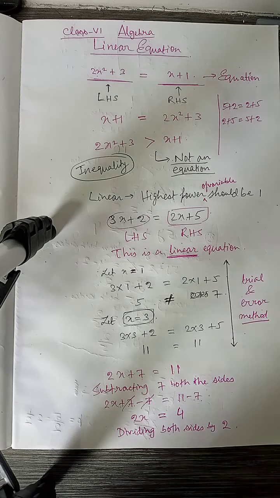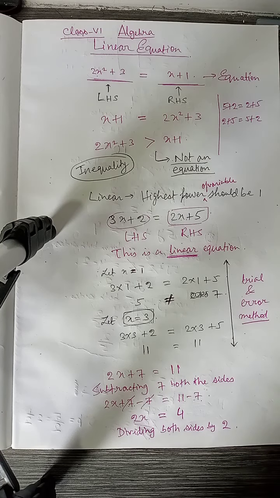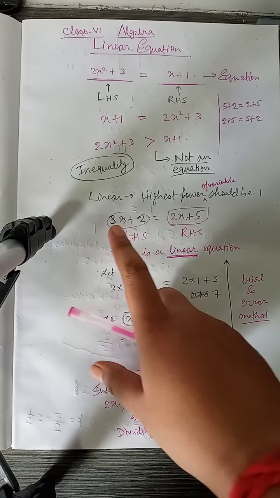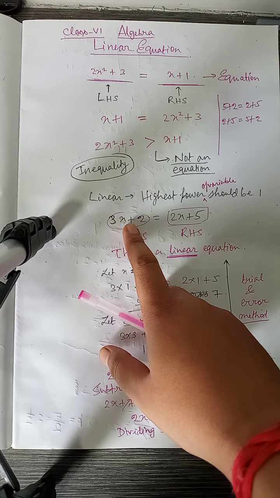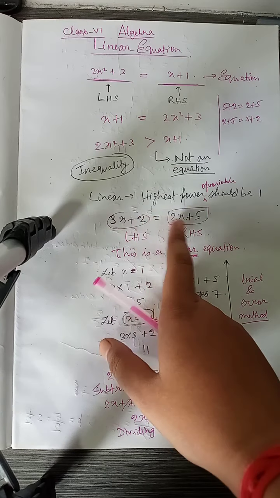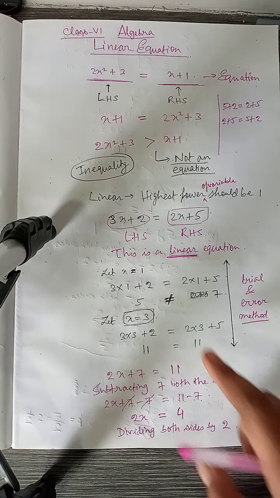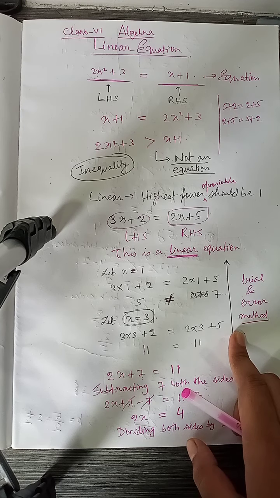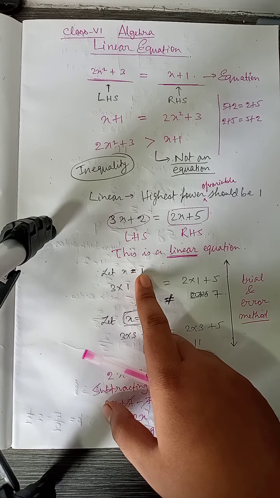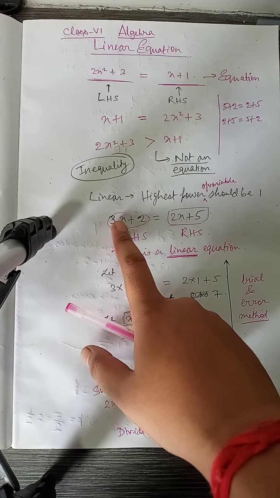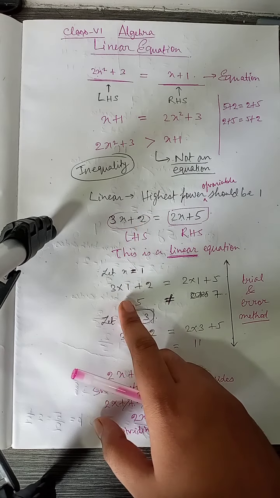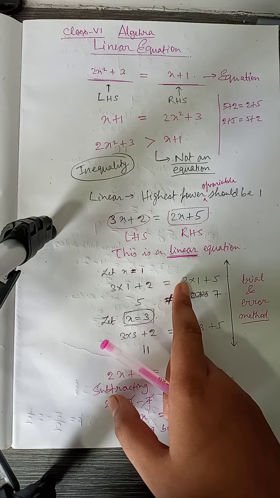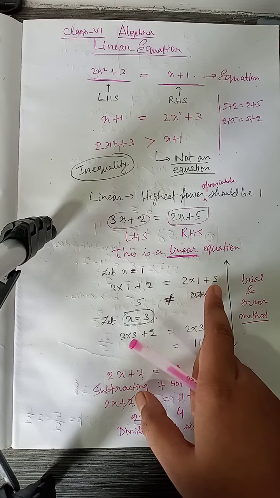In this portion of the chapter we want to find for what value of x this equation is satisfied, that is, what value of x we should put here such that both the sides become the same. Let us first find it using the trial and error method. Let us first put x equal to 1. So this is 3 into 1 plus 2 equal to 2 into 1 plus 5.